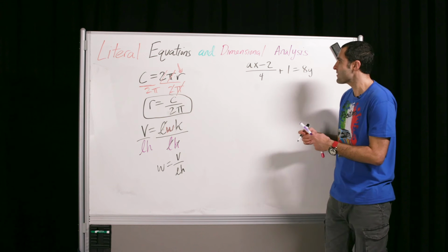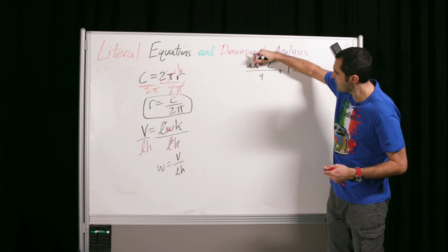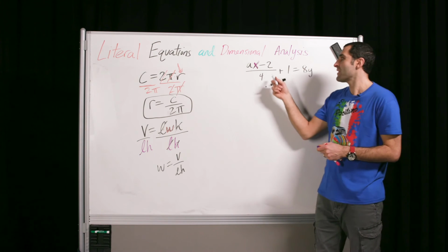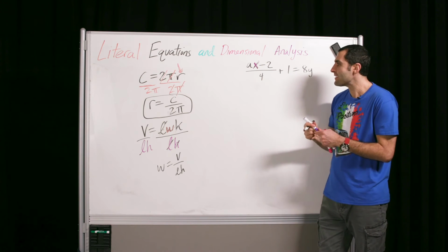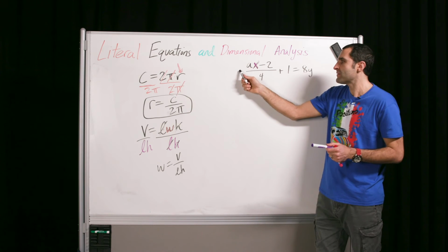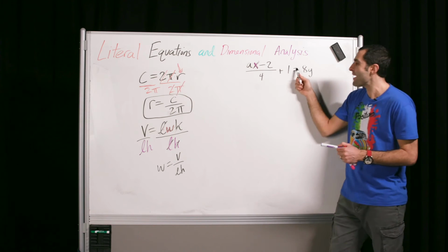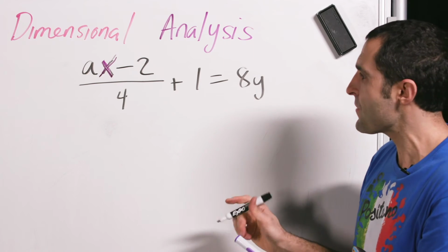Let's do it more intense. Maybe here we'll solve for x. Let's do it. So the temptation, right, is to get rid of this fraction. Ooh, I want to so bad, and we will, but we can't multiply by 4 yet. A lot of people think we need to, but we shouldn't because we have to deal with this 1 first. Maybe we could just flick it over to the other side.